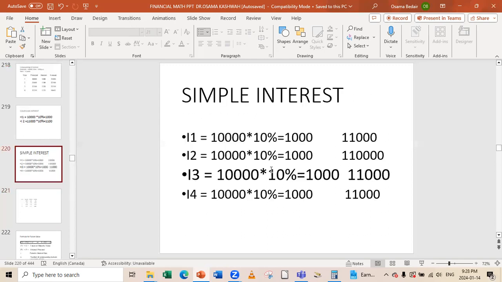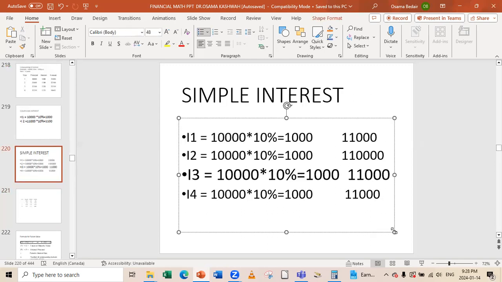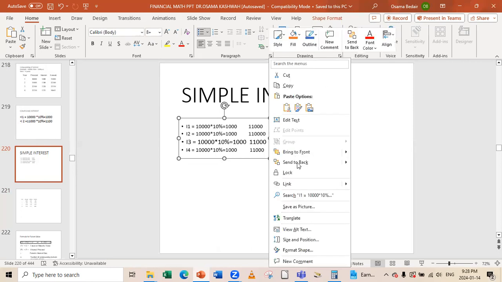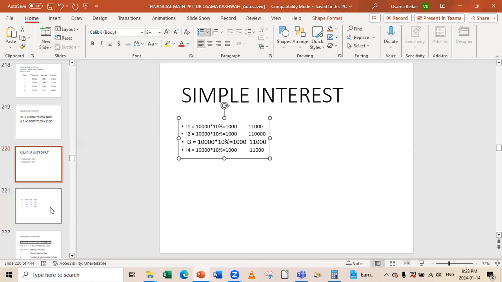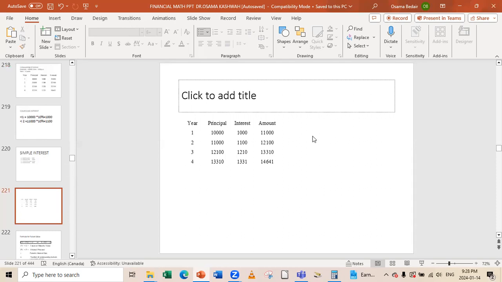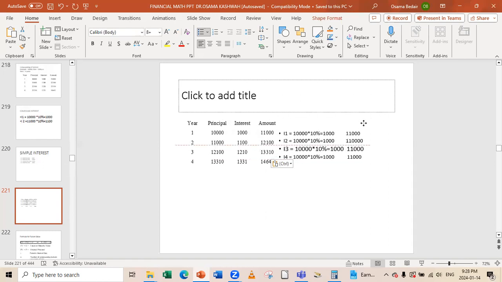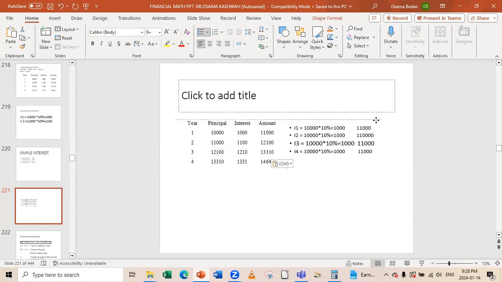Here it is. Sorry about that. Yeah, here it is. Then we will make a copy, then go and put it here beside this. So here is the simple, and here is the compound. Just give me one second. I will remove it so we can compare between both of them.